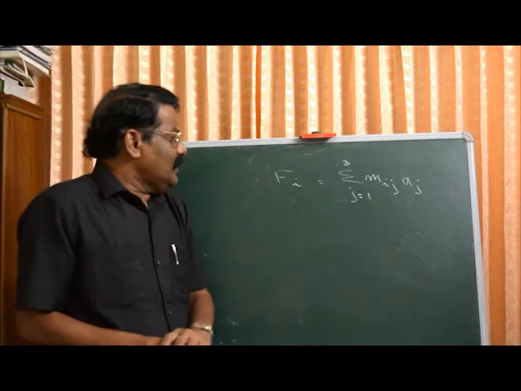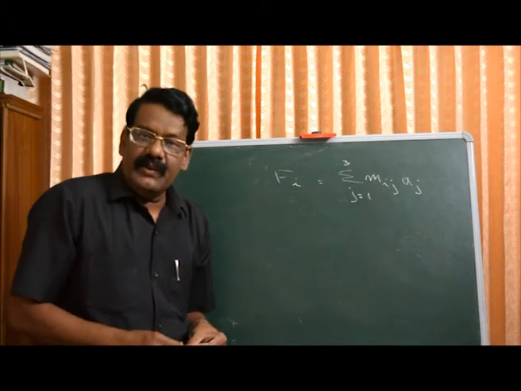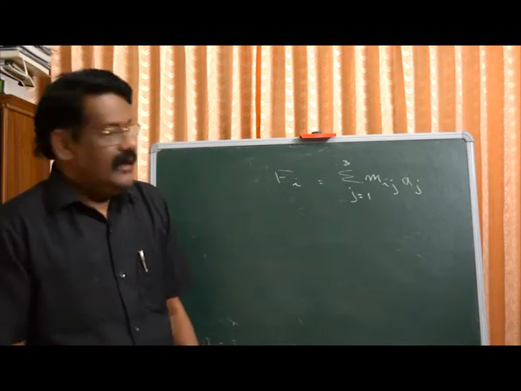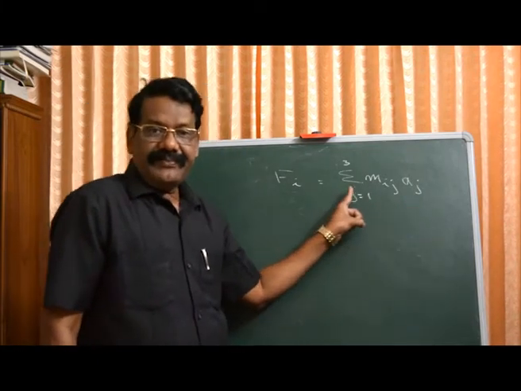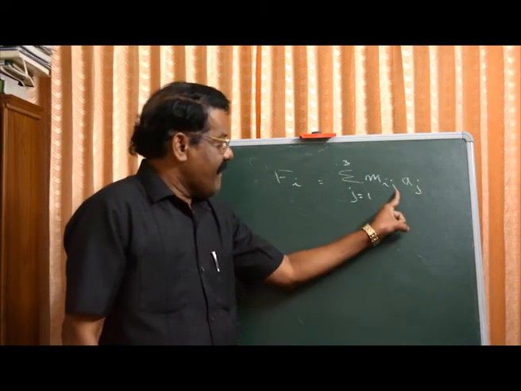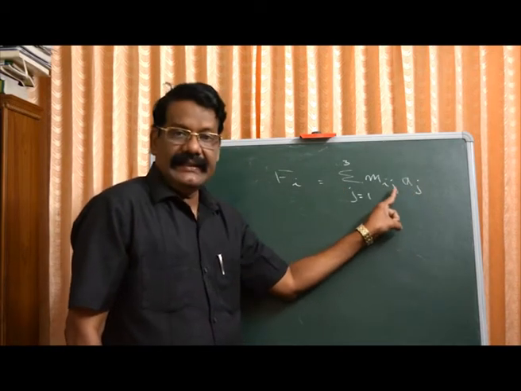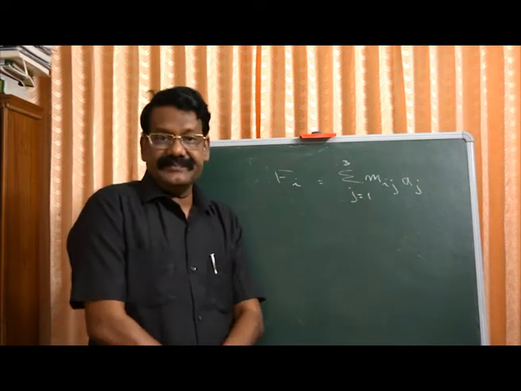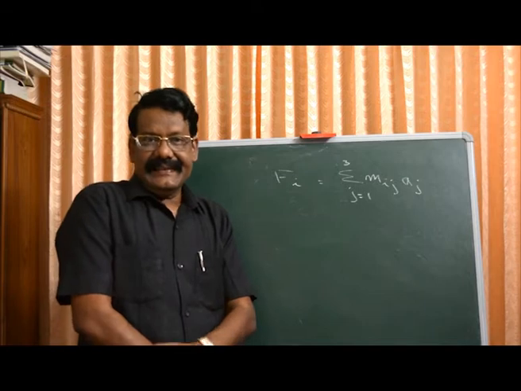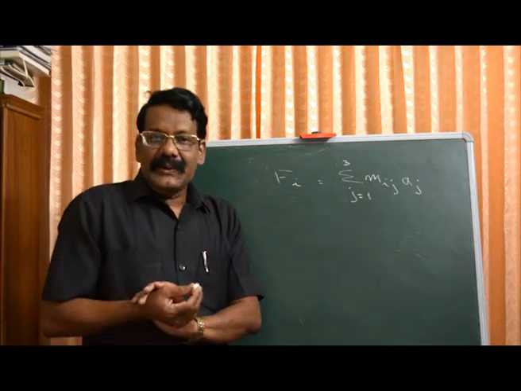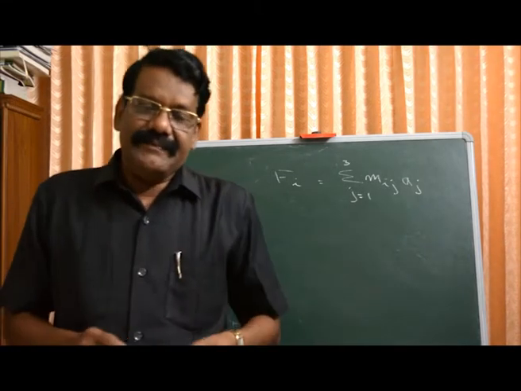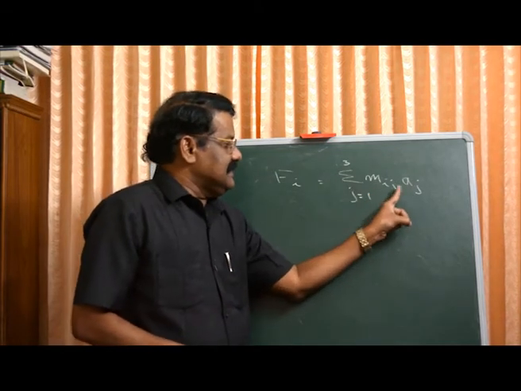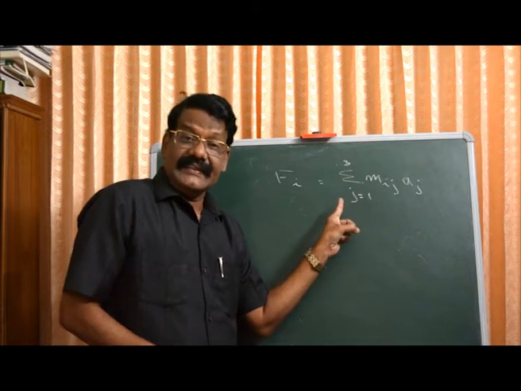Now, let me explain what is meant by Einstein's summation convention. In this term, you can see that j is repeating and it is summed over j. Correct. So, what Einstein did is, he said both these symbols are not necessary.